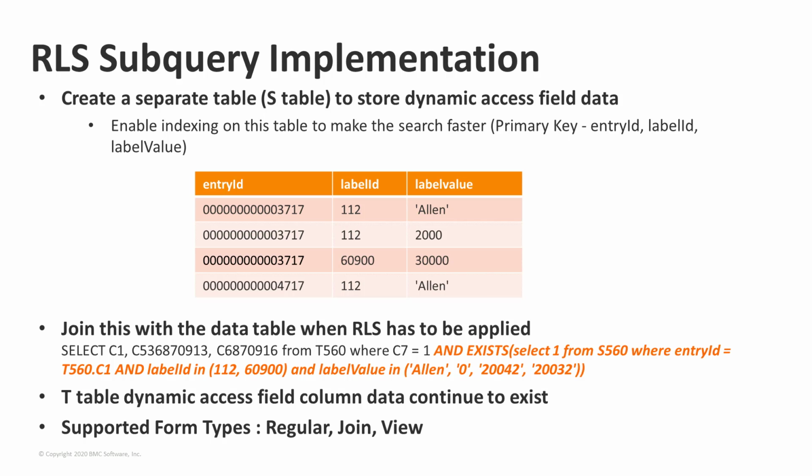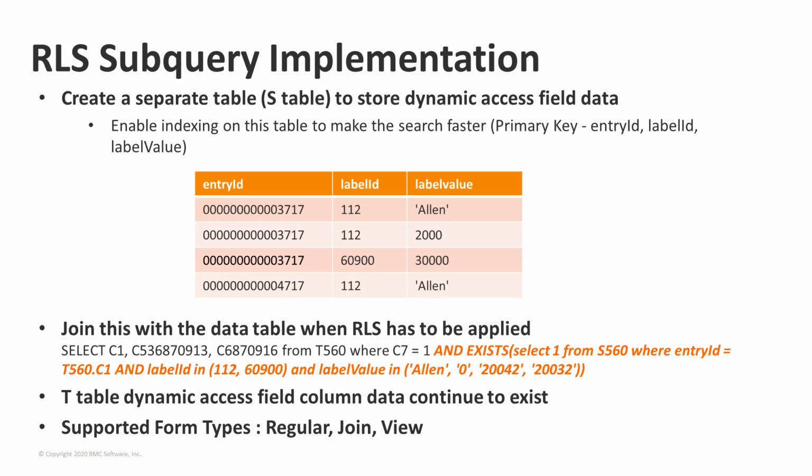The RLS clause appended by the server is highlighted in red. The RLS clause joins the T table and S table on the entry ID column and the user groups are compared against the label value column using the in operator. Since the RLS clause is generated using the new table in a subquery, this implementation is named subquery.